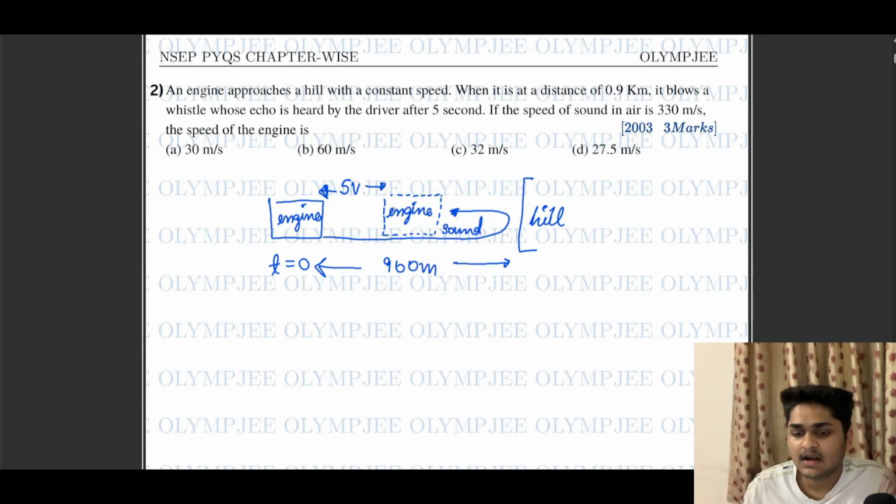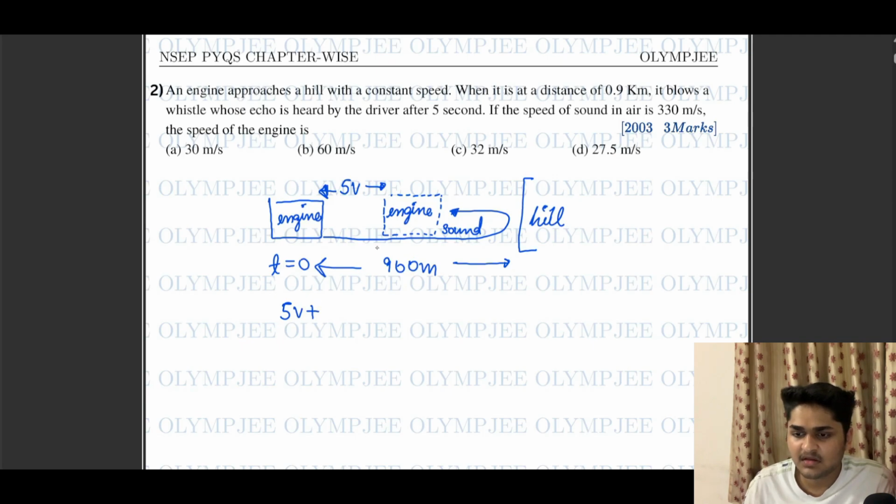We can clearly see that the distance traveled by sound and distance traveled by engine gives the sum of 1800 meters, because sound travels 900 meters first, and then the distance traveled by sound after hitting the hill to the engine plus the distance traveled by engine should be equal to 900 meters, so that they meet. So we can use this.